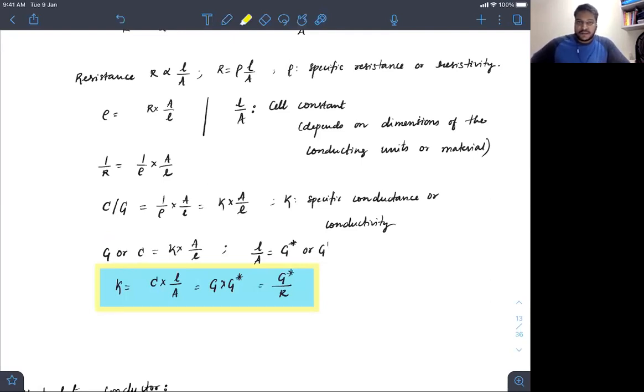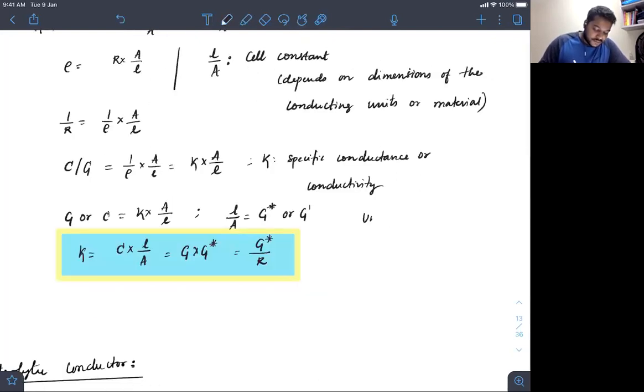Now let us come to the units. What units will we observe for cell constant? Units of G star would be L by A, which means centimeter inverse, or meter inverse in SI units.